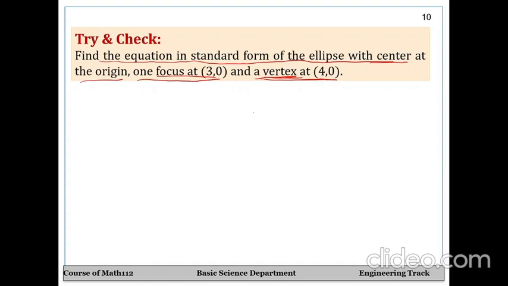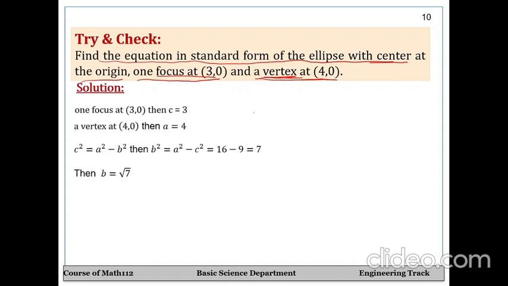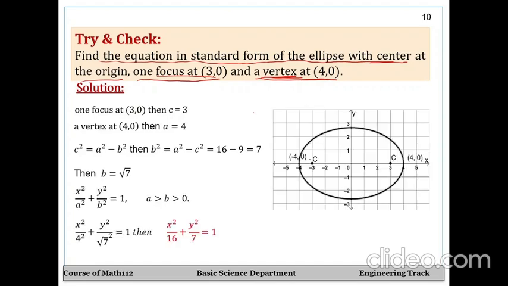I'm using one way. Depending on your knowledge and experience, you can have some shortcuts. The focus at 3, and the vertex is 4, and c squared is, okay, it automatically goes like this, but I would recommend, when doing this part, you have to determine which one is bigger.